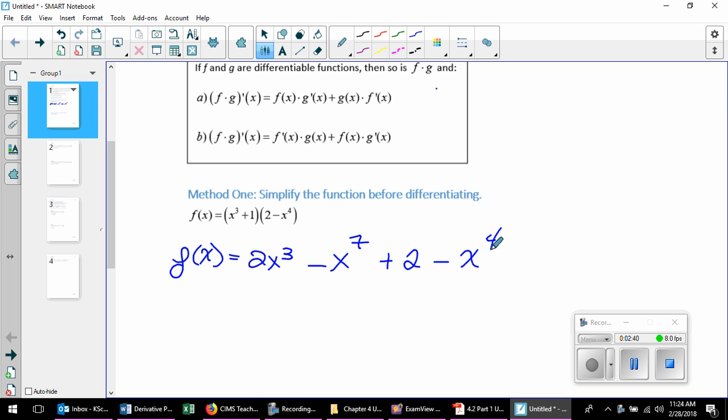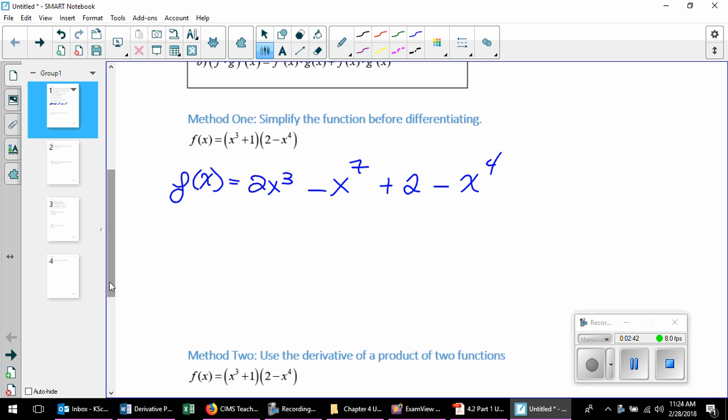Okay. So now we're going to do the derivative using our derivative rules from yesterday. Easy peasy. Do you guys remember them? It was only yesterday. You're young, you guys have good memories. Right, so the 2 stays out front. I do the derivative of x cubed, that's going to give me 3x squared.